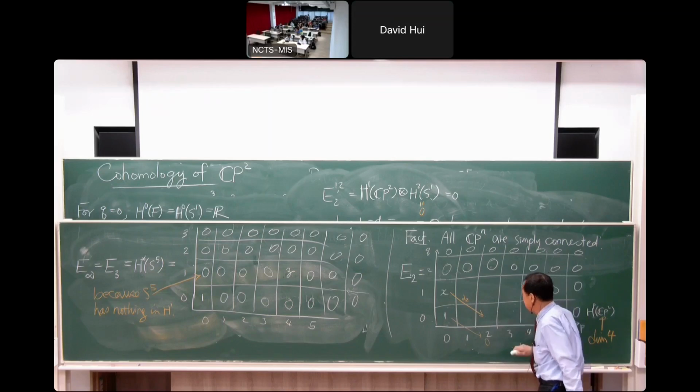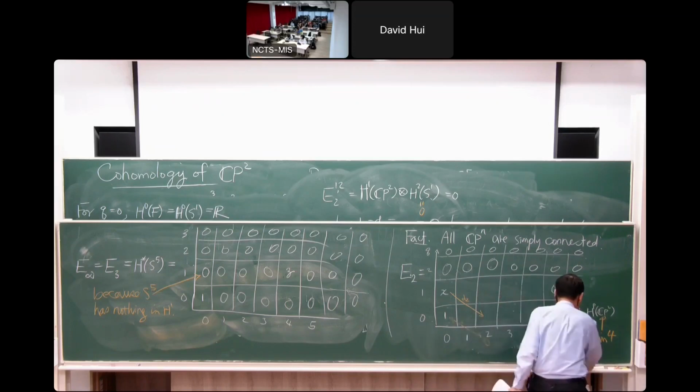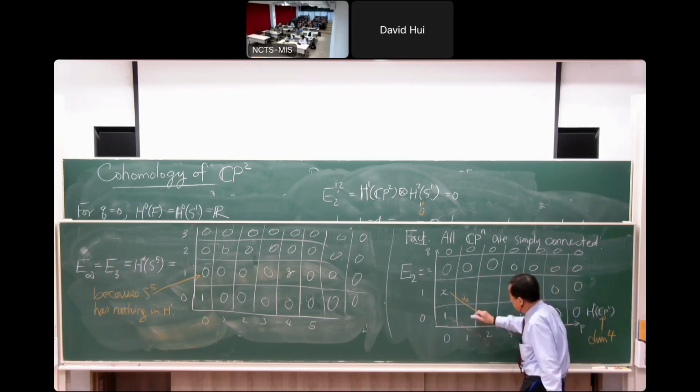Yeah, so let's look at this box. Okay. Now D2 is going to go down 1 and across 2. So D2 will go here, okay. And it will go to 0. Okay.